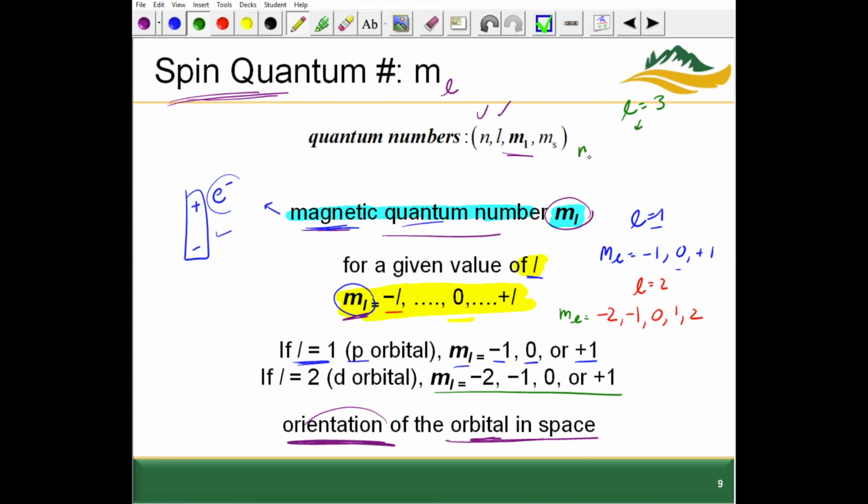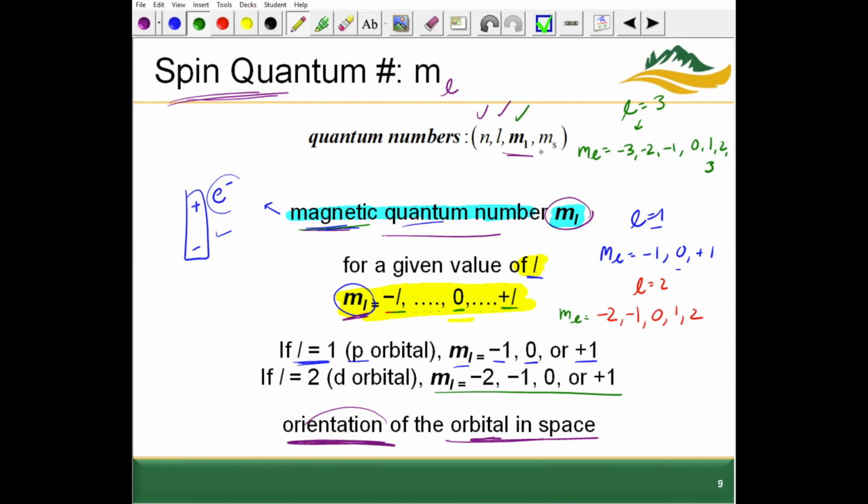The possible m sub l values, the possible magnetic quantum number values, are negative 3, negative 2, negative 1, 0, 1, 2, 3. So negative l, then integral amounts through 0, including 0, integral amounts through positive l. So that was m sub l.